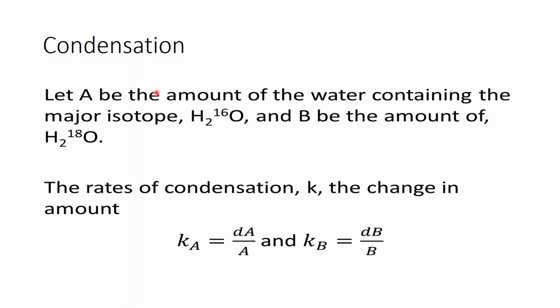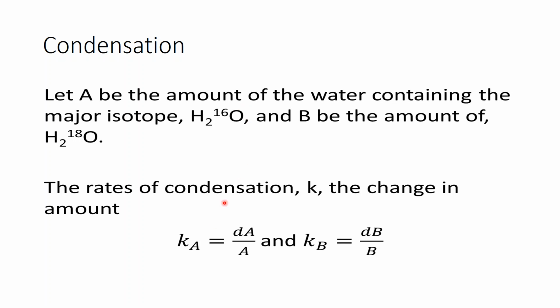So if we think about the O16 water molecule and the O18 water molecule, and we assign the amount of this water as A and the amount of this water as B, then the rates of condensation are effectively just the rates of removal, or the rate of change of that total amount of vapor that we have.